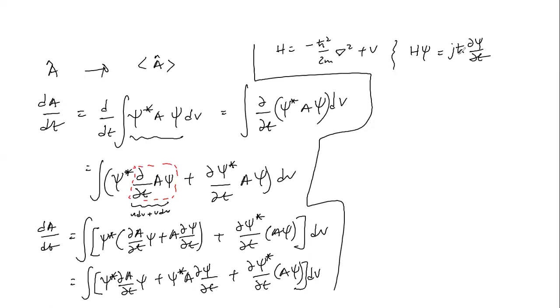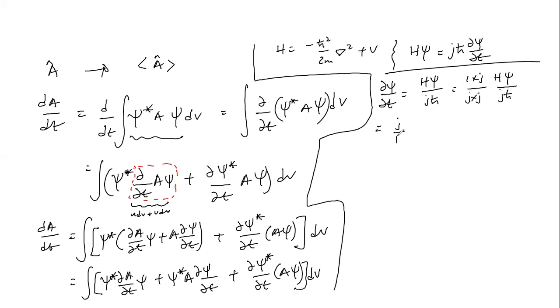And if we rearrange this expression, then we have d psi/dt to be the same as H psi over j h cross. And once we rationalize this, so this will be the same as 1 times j divided by j times j, H psi over j h cross, right? And this is going to give us j divided by j squared, H psi over h cross.